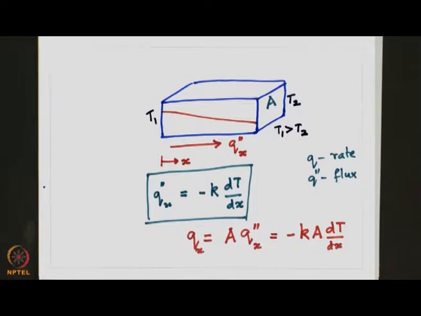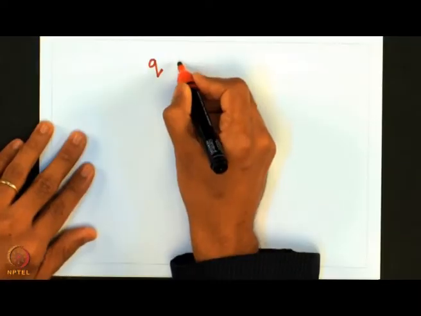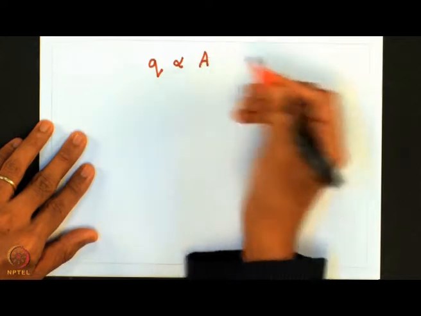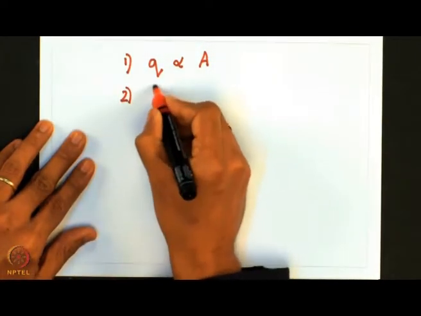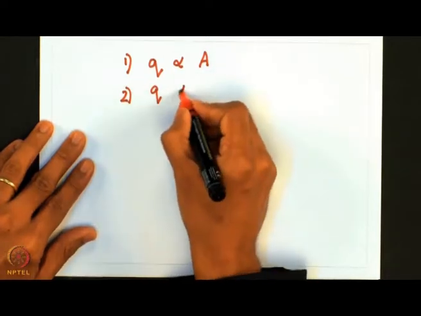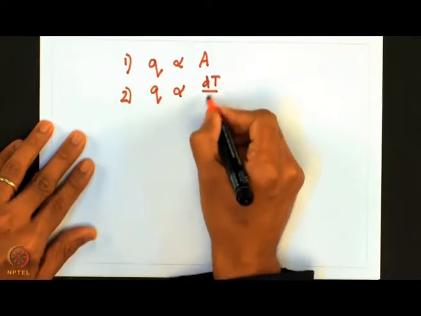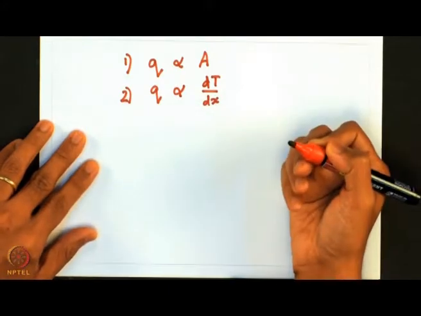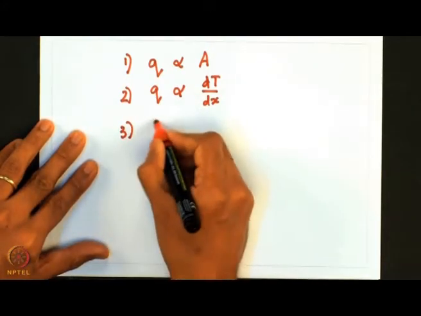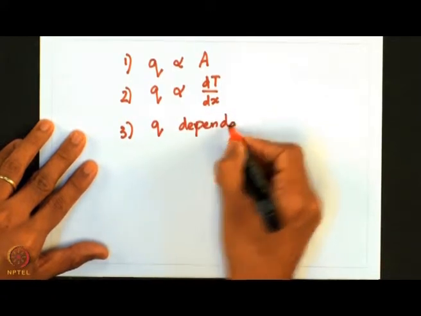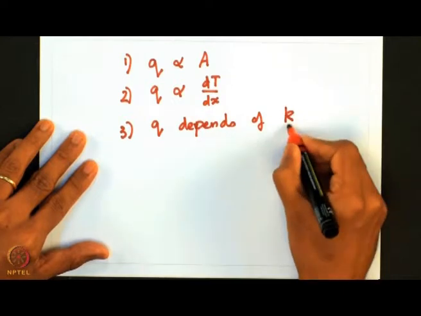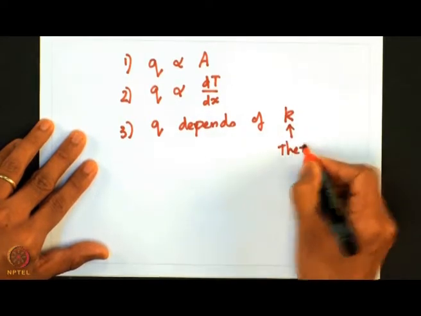So, from here we can clearly see that the heat transport rate Q is proportional to the area of heat transport. It is also proportional to the driving force, and of course, the rate depends on k, which is the thermal conductivity of the material.